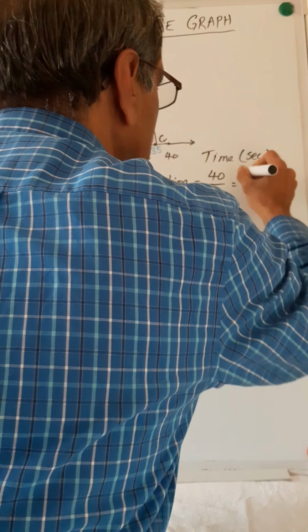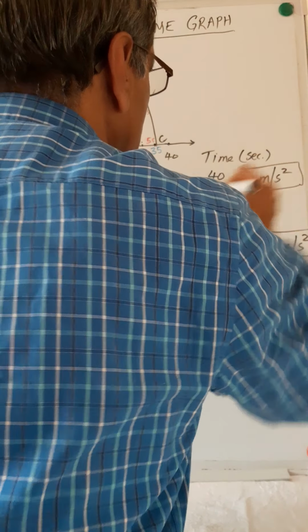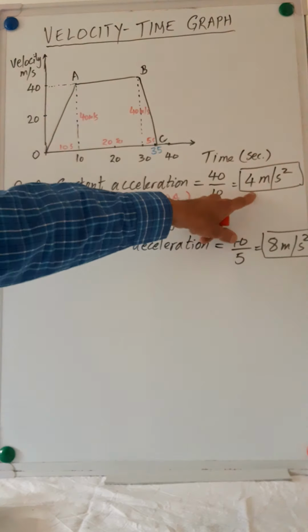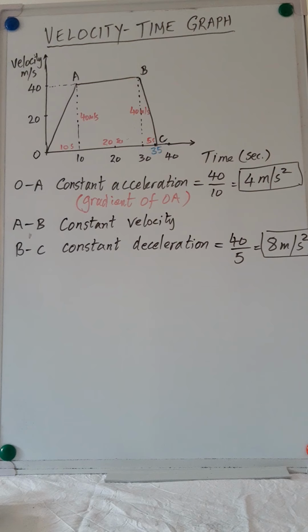Here the acceleration was 4 meters per second squared. Now the magnitude has doubled because the time is halved, so it's slowing down much more quickly. The thing to remember is that the acceleration is given by the gradient of the velocity time graph. I think we can make a note of that.